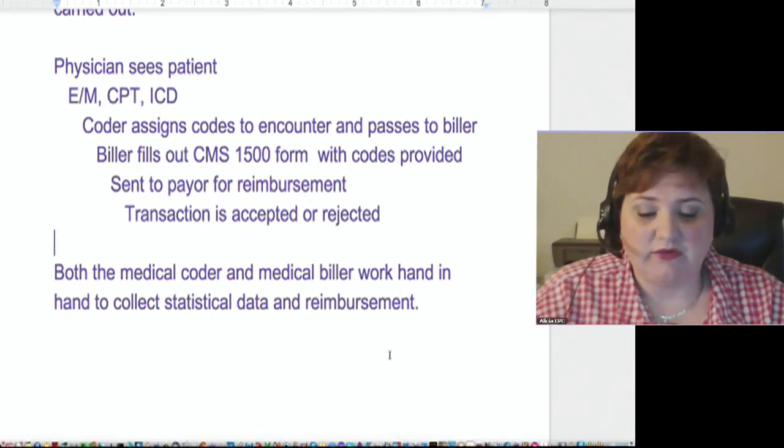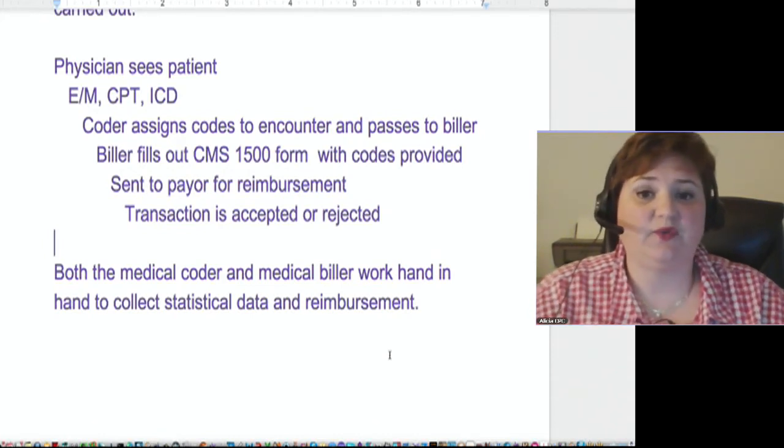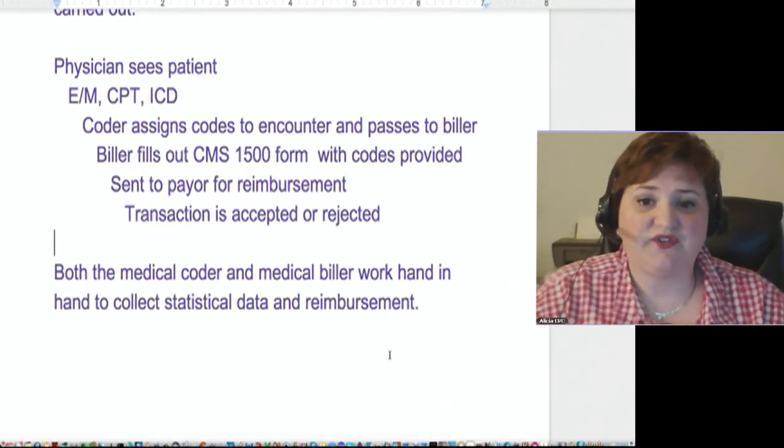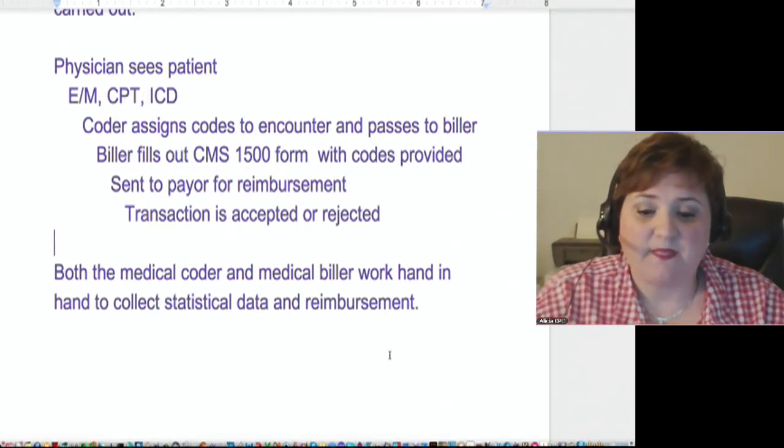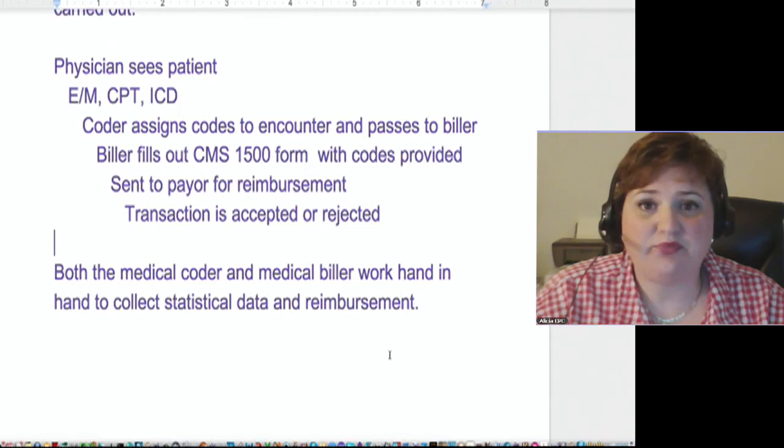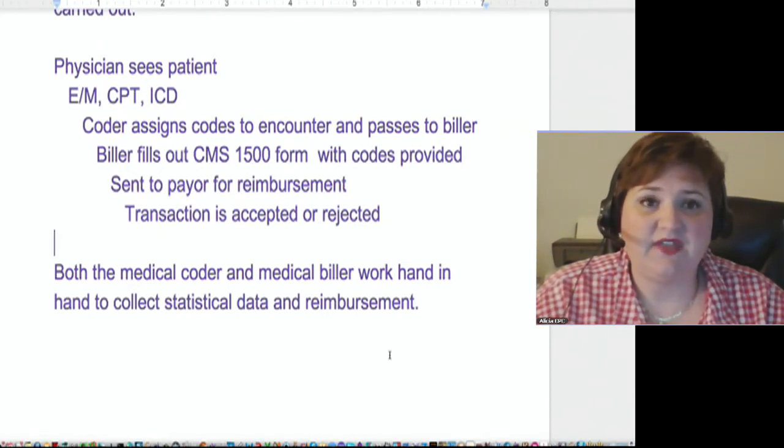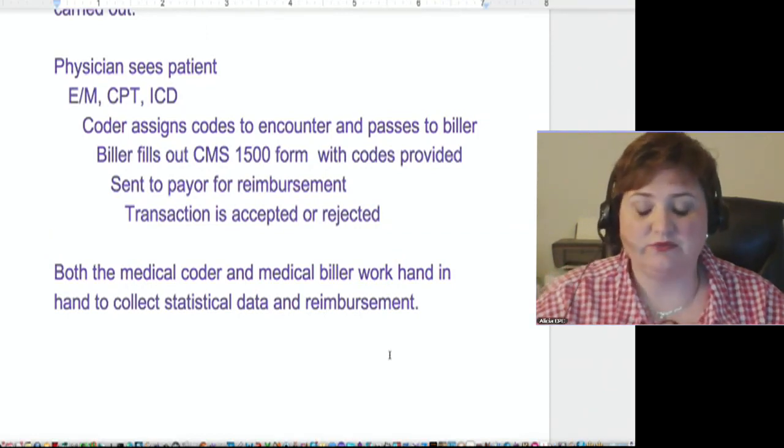The information the coder provides is given to the biller who sends it off for reimbursement, but it's also stored for statistical data, and that way Health and Human Services can tell how many patients had breast cancer in Dallas, Texas in 1999, and how many of them had a mastectomy, and how many of them had a lumpectomy, and how many of them subsequently had cancer in the other breast within 5 years, or things like that.